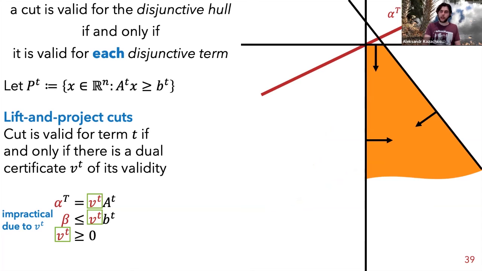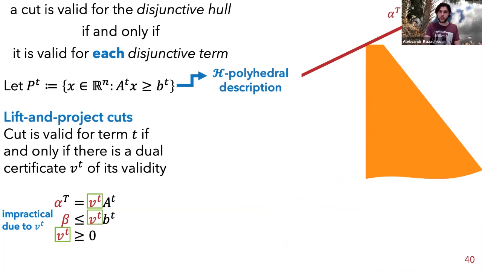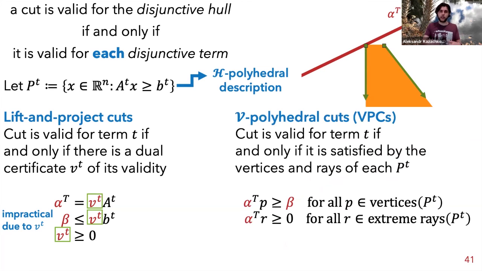Those are the inequalities defining that term, and it's called the H-polyhedral description of a polyhedron. But each polyhedron has an equivalent different description. Instead of using the inequalities to define it, you can use its extreme points and extreme rays. And that's going to be the starting point for our perspective, which is the V-polyhedral disjunctive cut perspective.